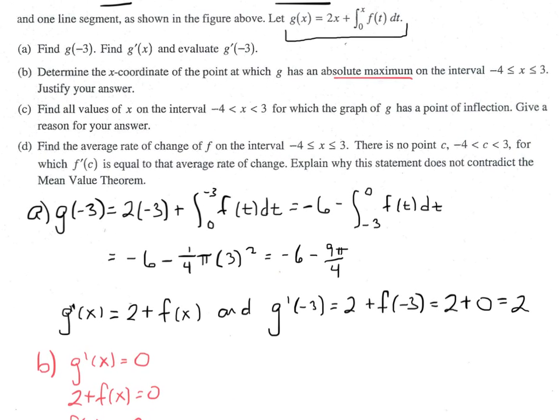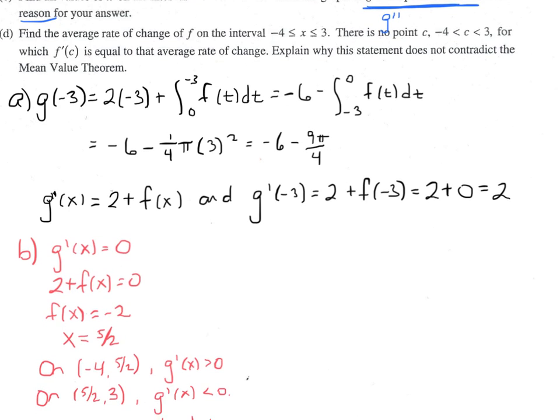All right, now for part C. Part C, we want to know where between -4 and 3 our graph of g has a point of inflection, and we have to give a reason. Now g will have a point of inflection when g double prime changes sign. Now let's come back over here. We know what g prime is equal to. Remember, g prime is 2 plus f of x.